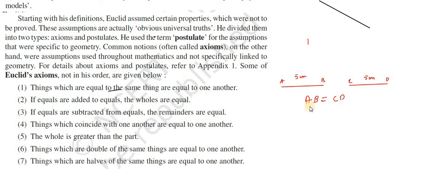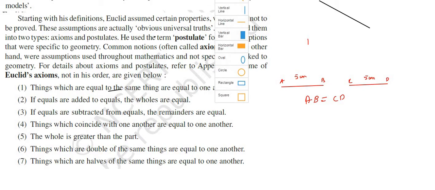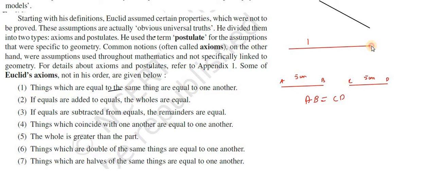The things which are equal to the same thing are equal to one another. Why? Because AB is a line segment and CD is also a line segment, and AB is 5 centimeters and CD is also 5 centimeters. Now suppose I draw one line segment here, XY, and another, PQ. Can we tell XY is equal to PQ?